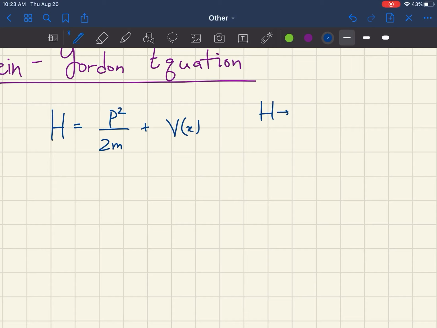You can turn the Hamiltonian and the momentum into operators and make the following substitutions. So the Hamiltonian goes to this operator, which is i h bar times the partial derivative with respect to time, and then the momentum goes to the following.